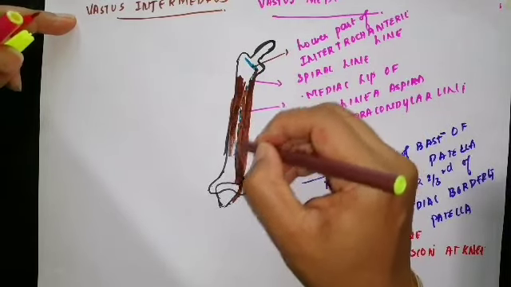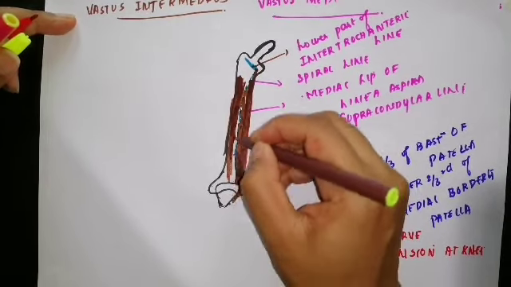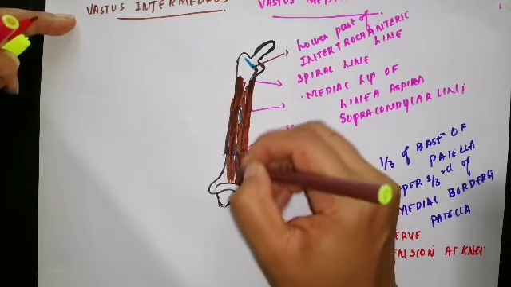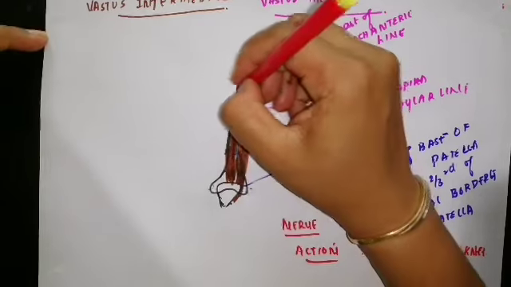and it gets inserted into the base of patella. This is the vastus intermedius muscle.